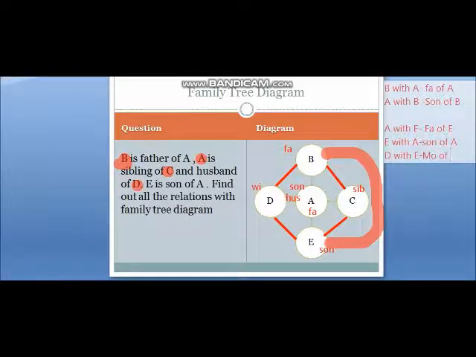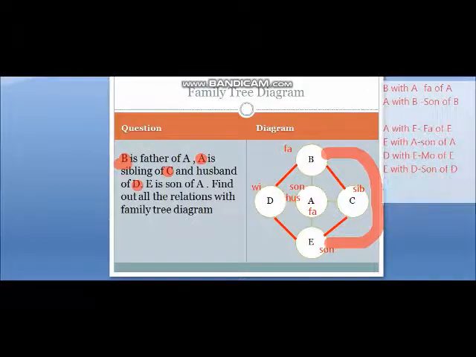D is mother of E, and E with D. So what you are going to write? Son of D. Okay. Then किसके बीच का रिलेशन हो गया हमारा? B और A का हो गया, A and B का हो गया, A और E का हो गया, E and A का हो गया. Okay.